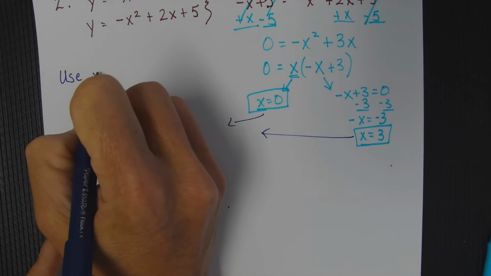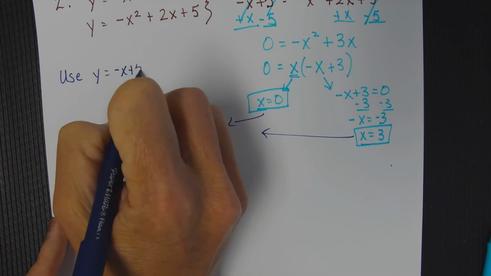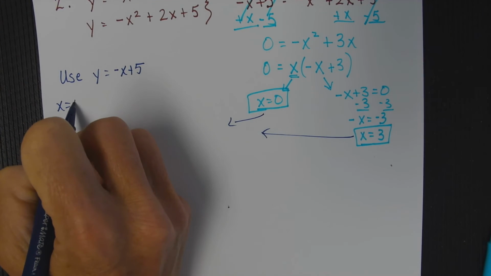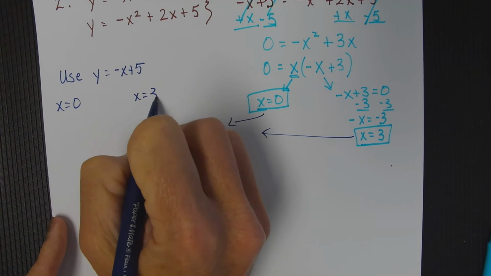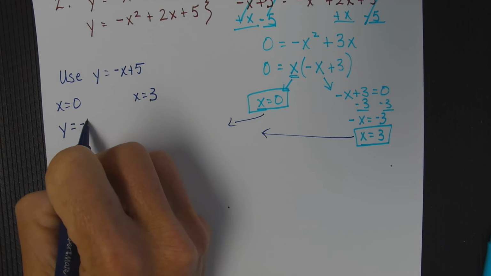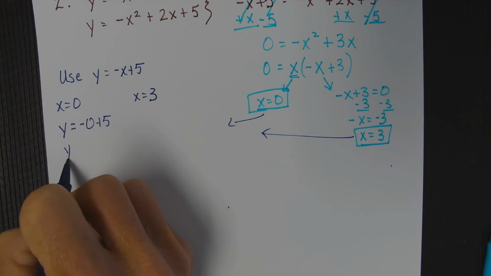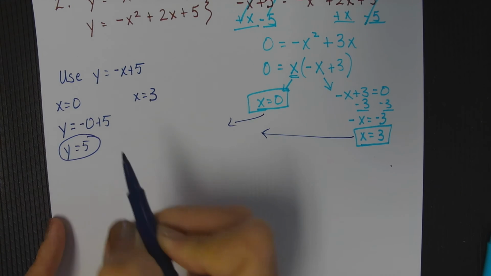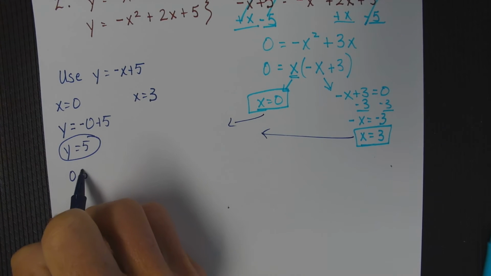Use y equals negative x plus 5. You have x equals 0, and you have x equals 3. Negative 0 plus 5 is simply y is equal to 5. So you have 0, 5. It's a messy 5.